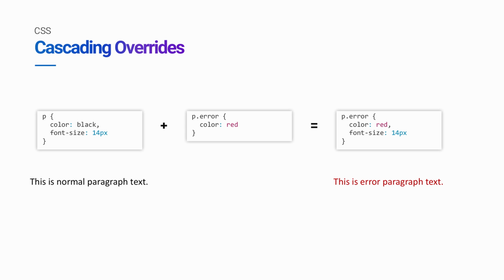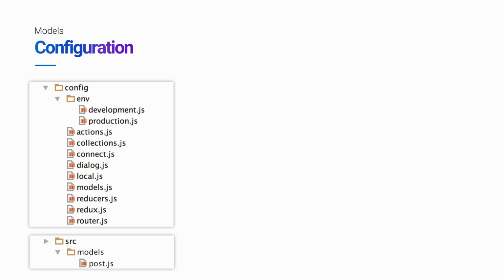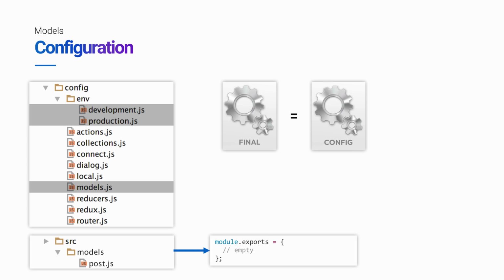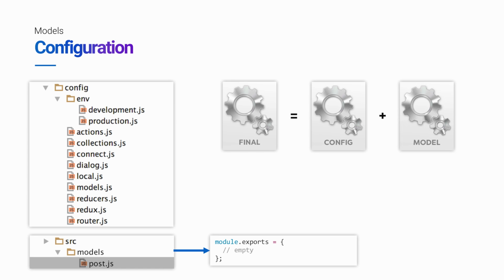This is the same relationship that LoRa uses between the application configuration and individual models. So even though the model we're going to be creating is going to start off as empty, it's actually a final configuration that is the combination of the configuration specified in models along with any environment overrides, combined with any specific configuration settings you've set for that model.